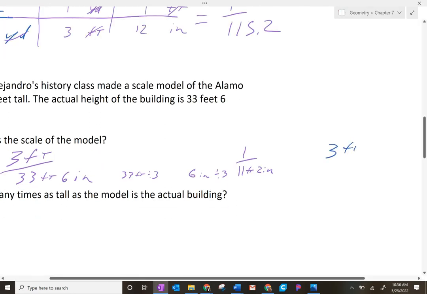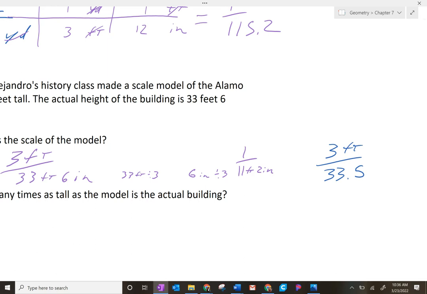So it'd be 3 feet over 33.5, because 6 inches is half of a foot. So I take 3 over 33.5.